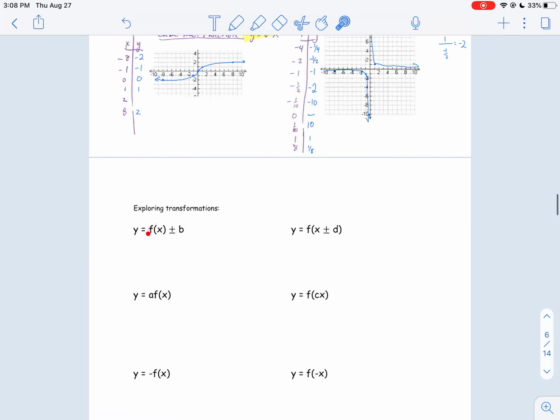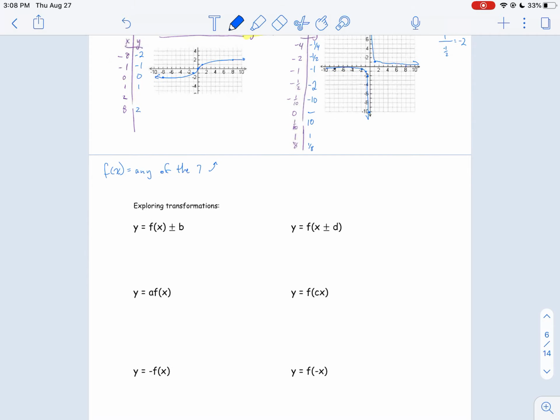And this is saying if I have a function and I add or subtract a number behind it. So let's just do a couple examples. Let's say I used any of the 7 that we just did. So let's just pretend for a moment that b equals 2.